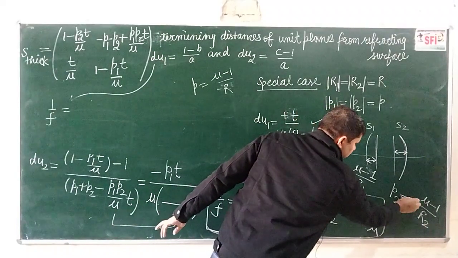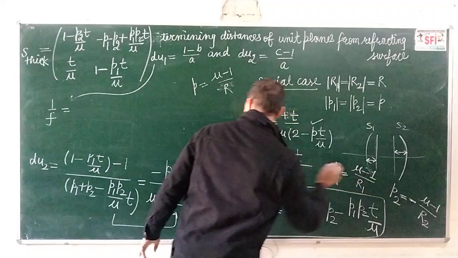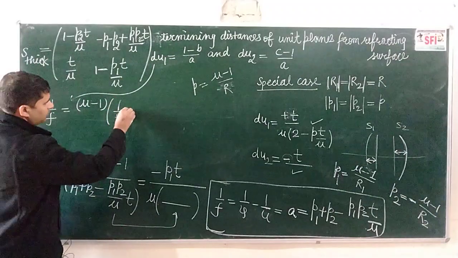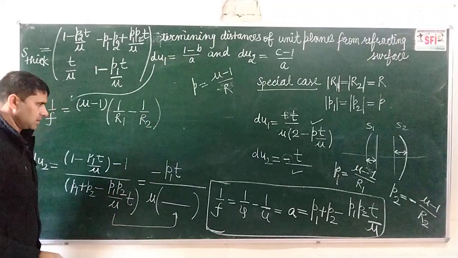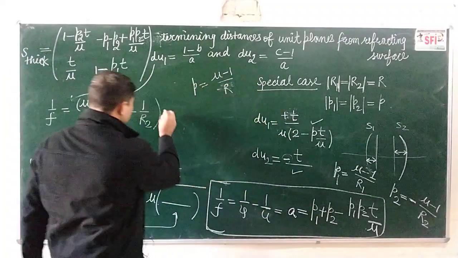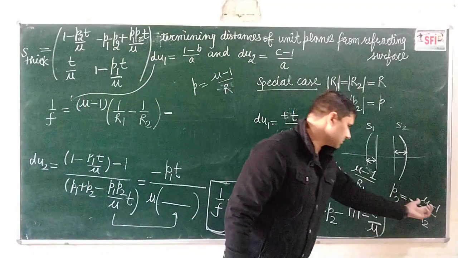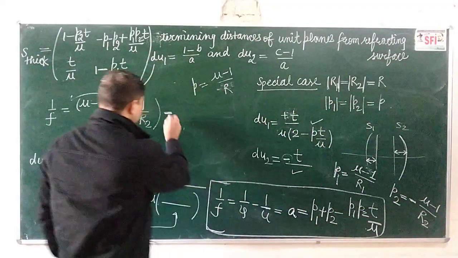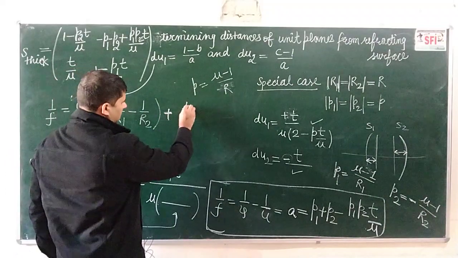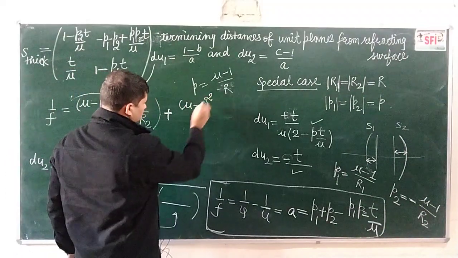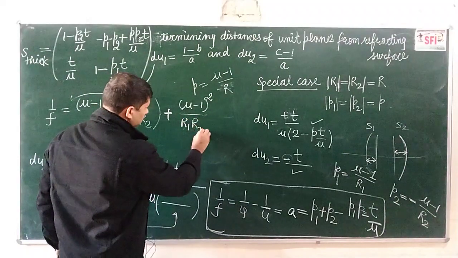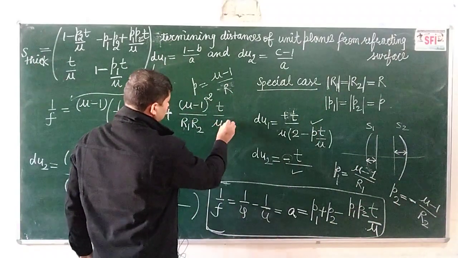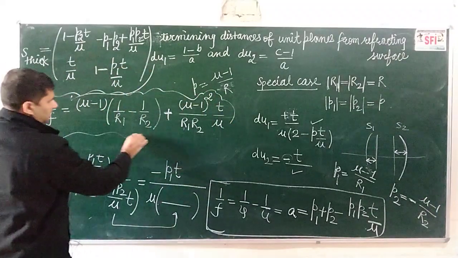You can see there is a minus, so if you take mu minus 1 common, you will get mu minus 1 times 1 by R1 minus 1 by R2, and then minus, you multiply these two factors, so you will get mu minus 1 squared, and minus times minus will be plus, so here will be a positive sign, and you will get mu minus 1 squared divided by R1 R2, and then you have T by mu. So this will be the final result.